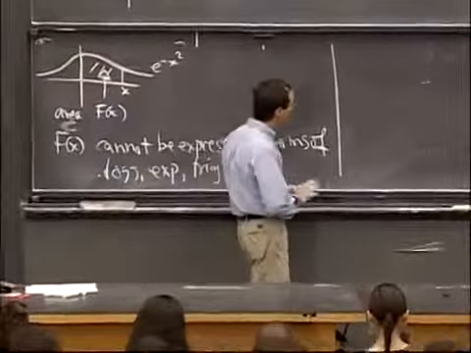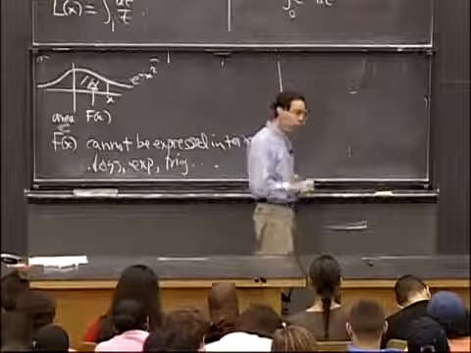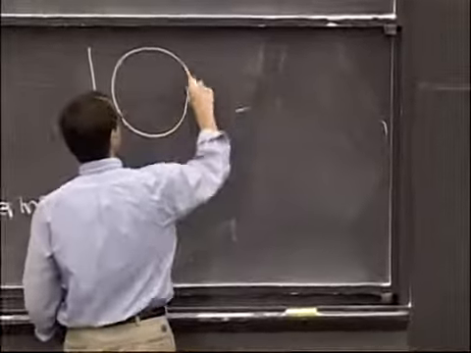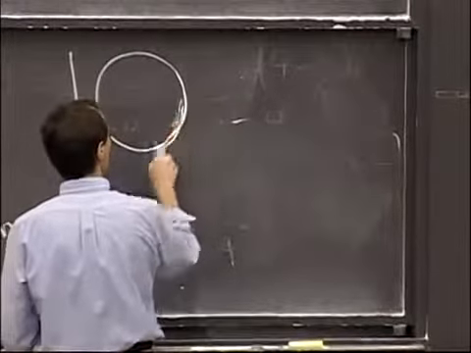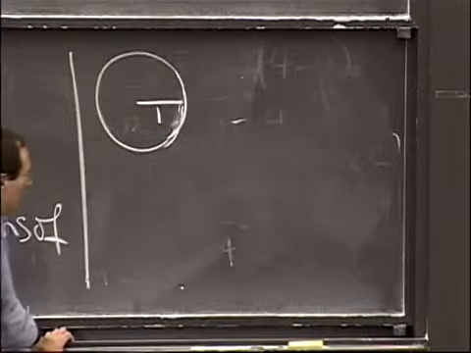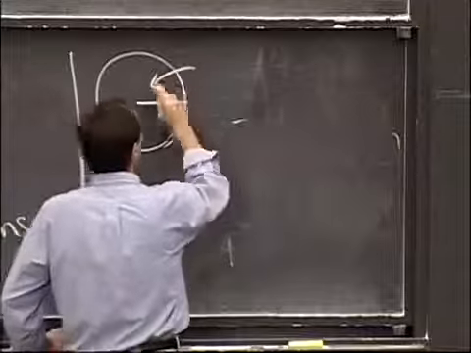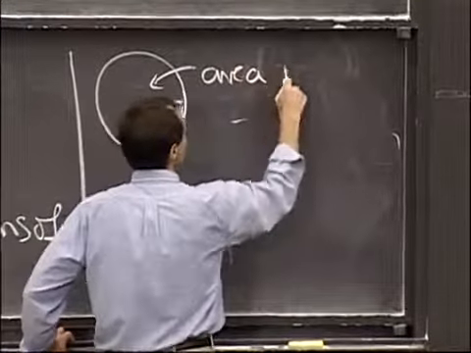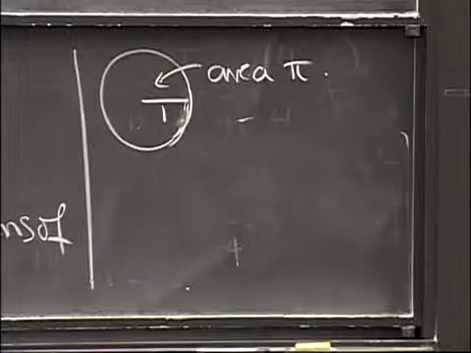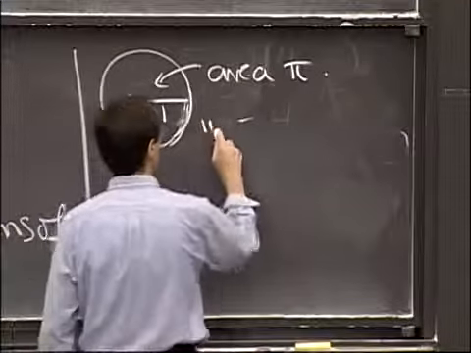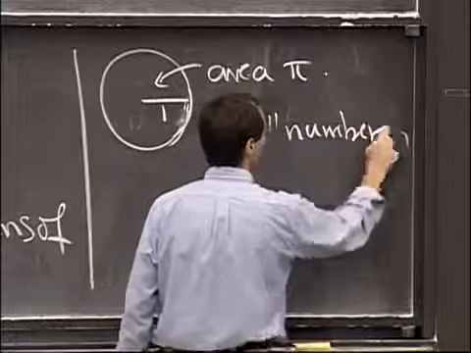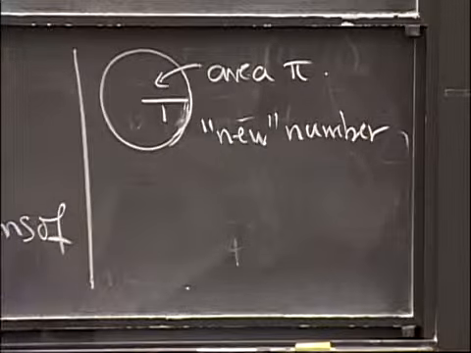And what this is analogous to is the following kind of thing. If you take the circle, the ancient Greeks already understood that if you have a circle of radius 1, then its area is pi. So that's a geometric construction of what you could call a new number, which is outside of the realm of what you might expect.